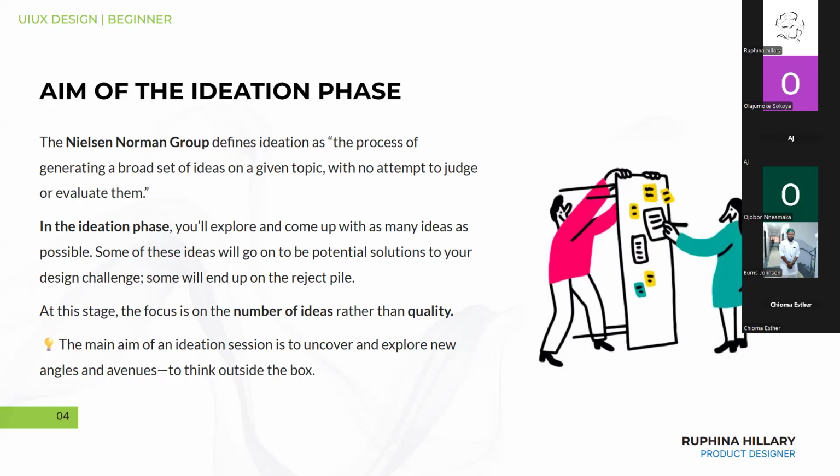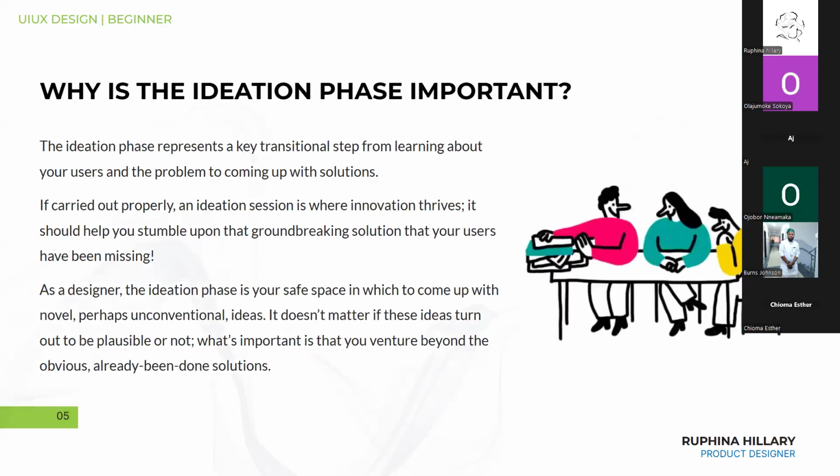Some of these ideas would be potential solutions, and some of them would end up in the reject pile. At this stage, the focus is on the number of ideas rather than the quality. So we're focusing on getting as many solutions and ideas as possible. That's the main aim of the ideation phase.